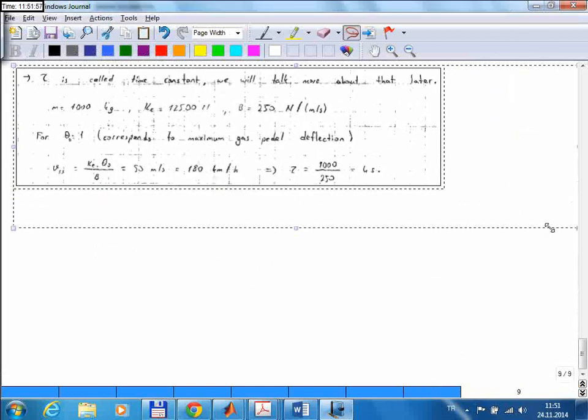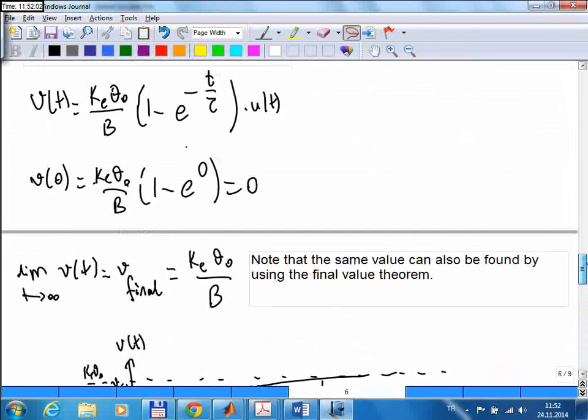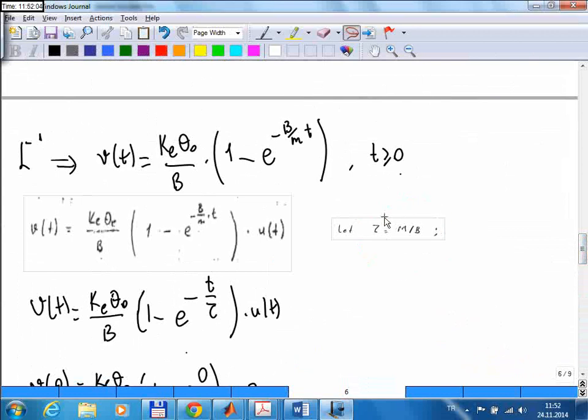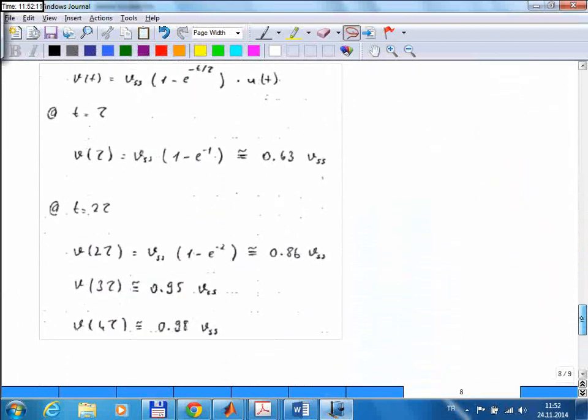That tau parameter we defined as m over b is in fact called the time constant of the system. We will talk more about that in our upcoming lectures.